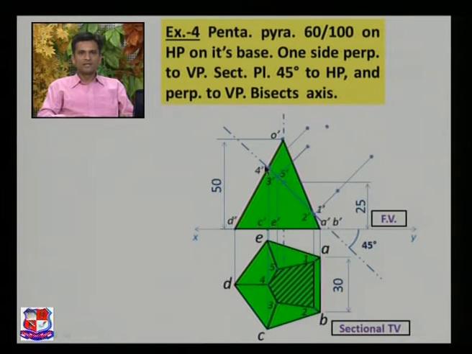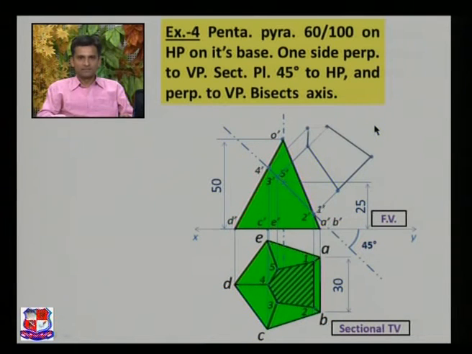So from 4 dash draw a line perpendicular to this cutting plane line and measure the distance of point number 4, here is point number 4, to the XY line and put it over here. Measure 4 dash to this line and join all these points with a straight line like this. And this represents the true shape of the section.